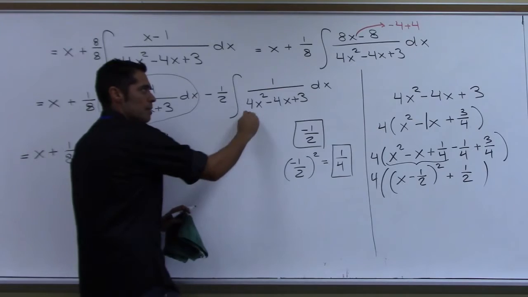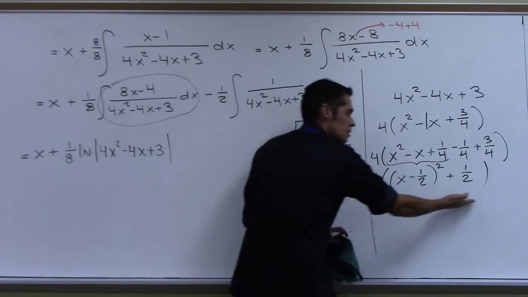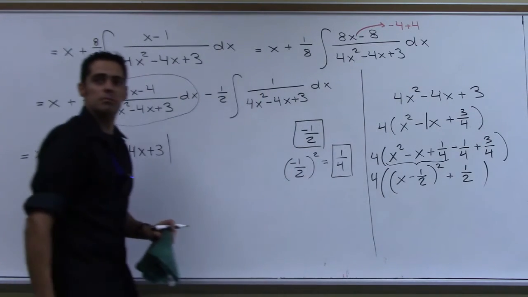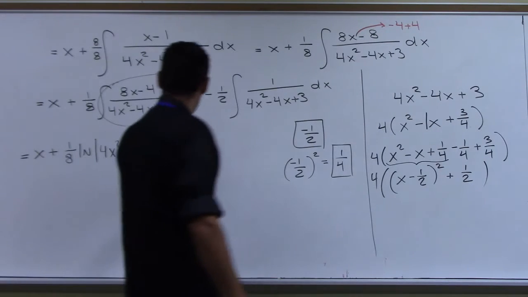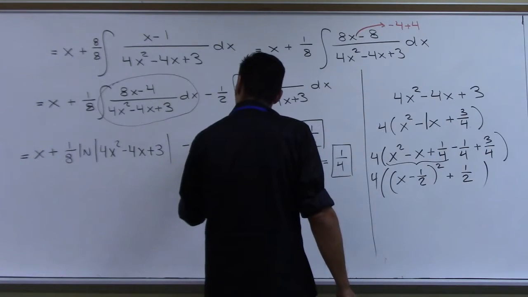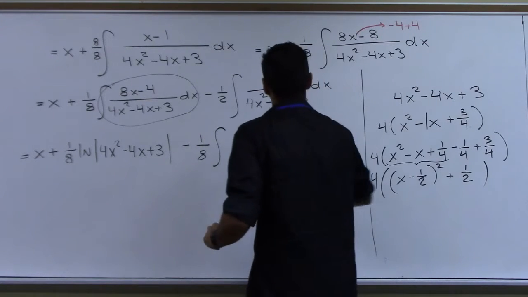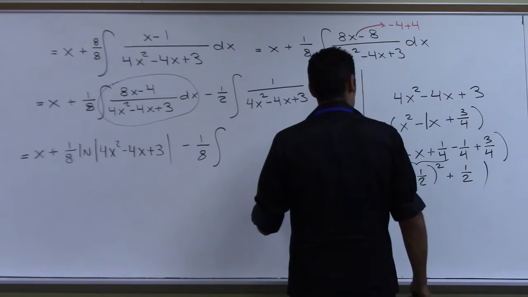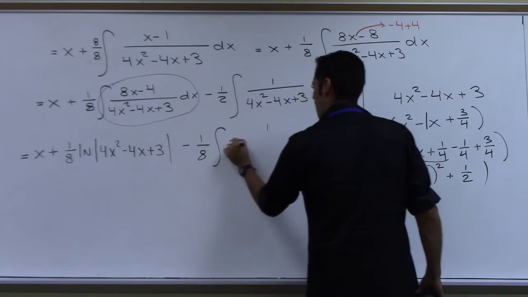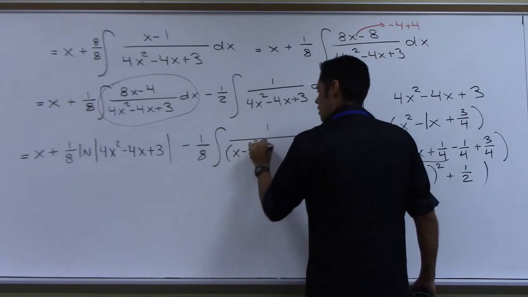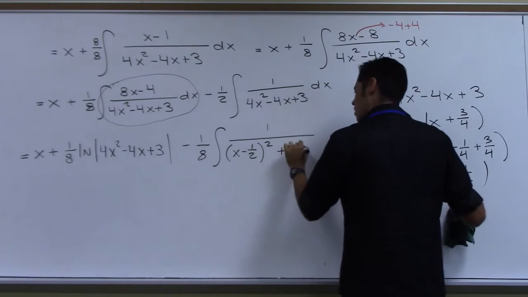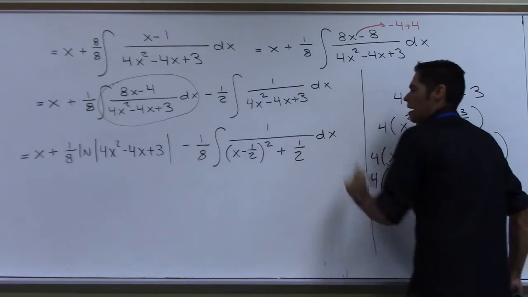And we're going to put on the bottom here this expression. What about that 4? Pop it out, and this becomes really what? Negative 1/8 integral of what? 1 over x minus 1/2 squared plus 1/2 dx.